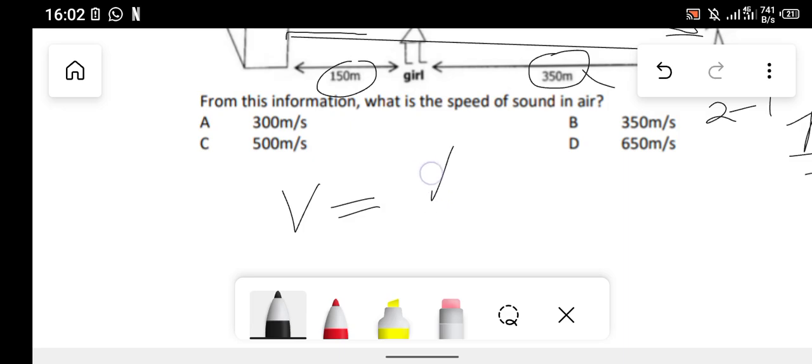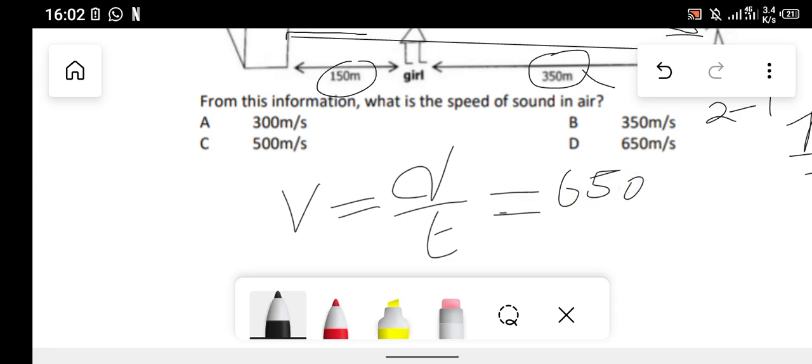So you can safely say speed is equal to distance over time taken. The distance will be the distance moved by the echo, 650 meters, minus the distance moved by the direct sound, which is 350, over the time taken.